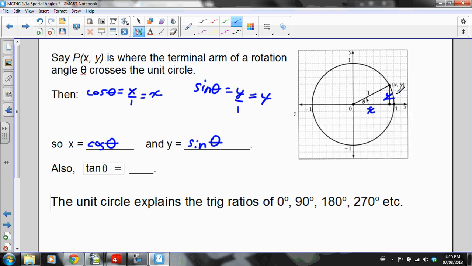Tangent is still just opposite over adjacent, y over x, if I wanted to know that. It says the unit circle explains the trig ratios of 0, 90, 180, and 270.